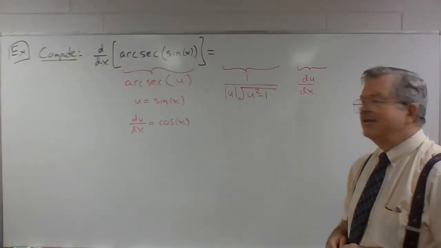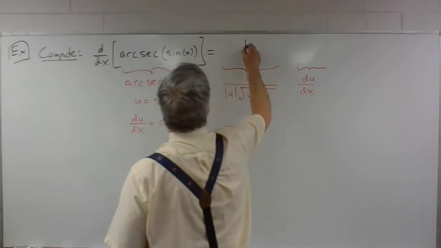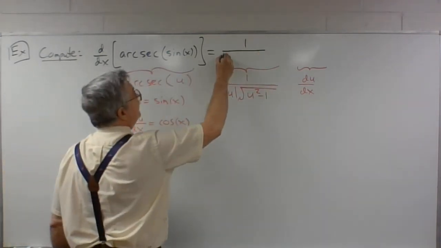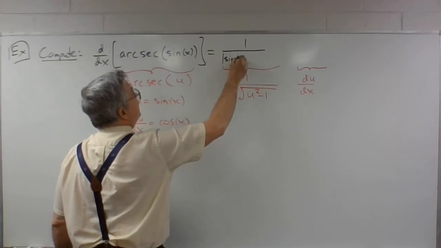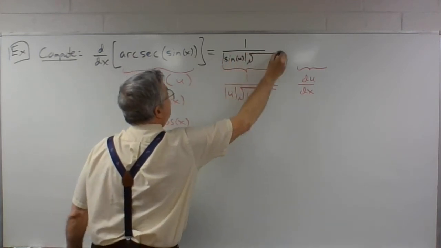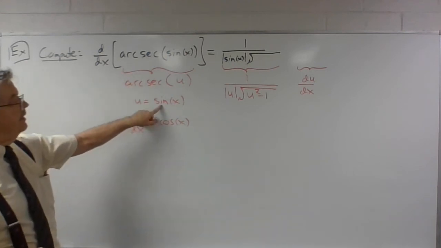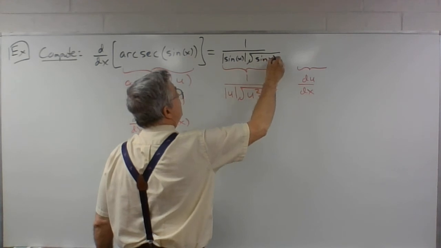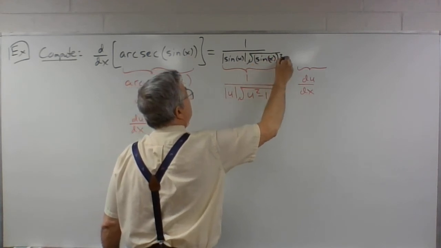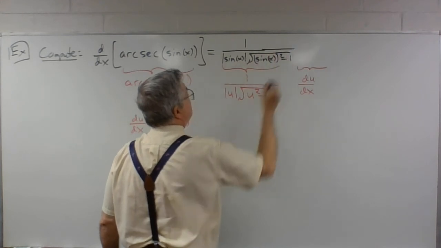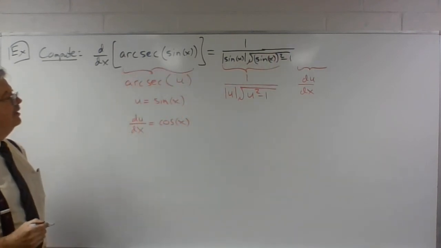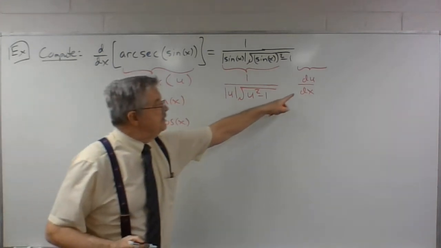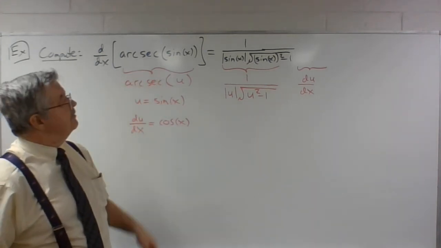Let's fill in the blanks, everybody. Absolute value of u. u squared, that's sine of x squared, minus 1. du dx, that's cosine of x.